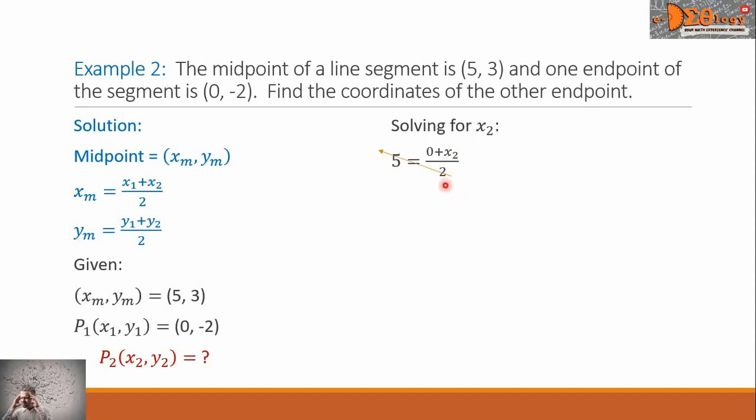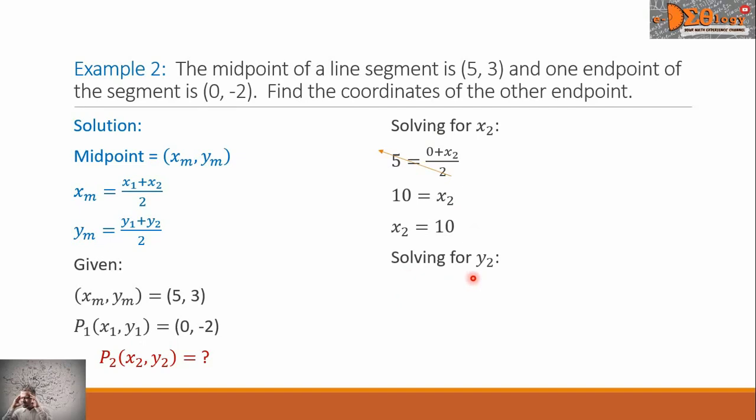So now 5 times 2 is 10, equals 0 plus x sub 2 is simply x sub 2. So we have now the value of x sub 2 as 10. We may write it as x sub 2 equals 10.